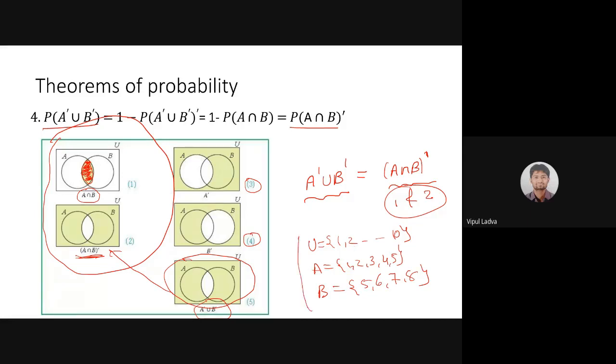That is proof using an example. This is proof using a Venn diagram, and we can also prove it using a logical argument, but that is not today's topic, so we are not going to discuss that. So this is my fourth result related to probability.